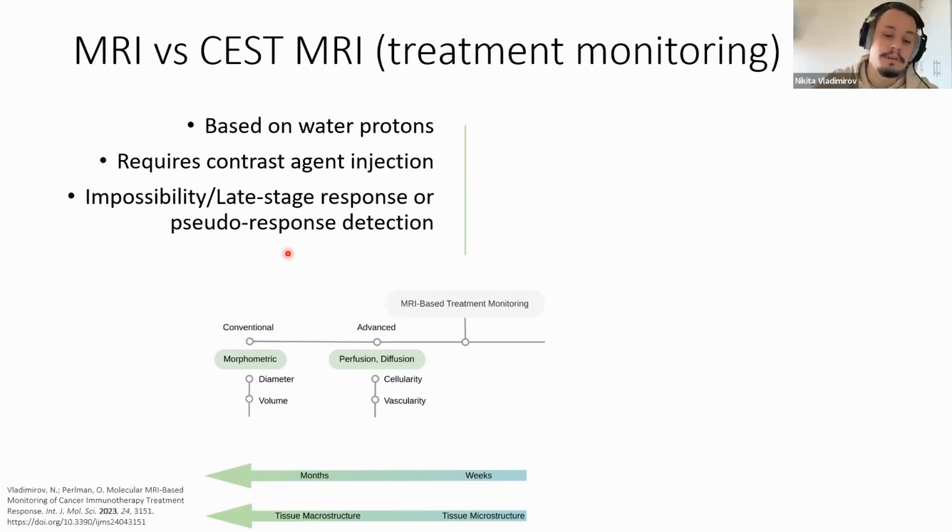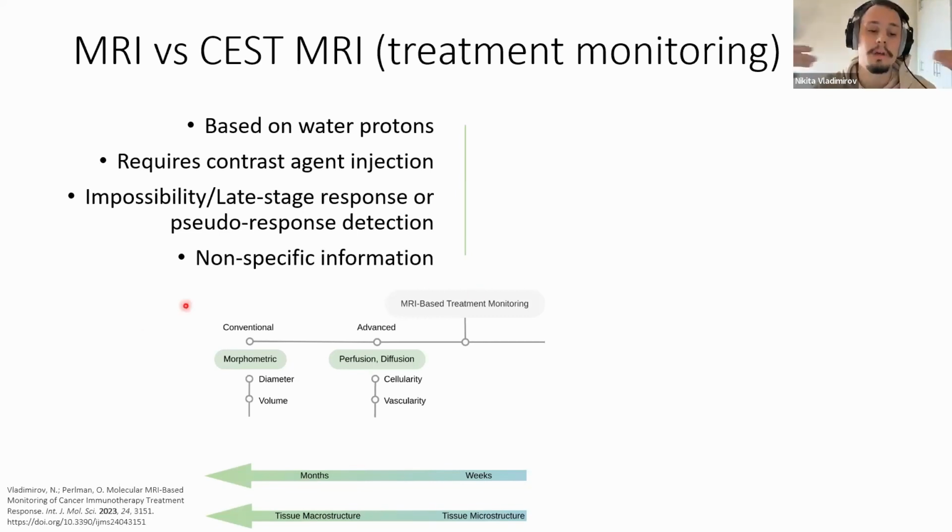You can see in the diagram here that for advanced it takes weeks and for conventional it's months, because in one case we can monitor tissue microstructure, in another case tissue macrostructure. Also, the information we get from conventional MRI is non-specific to our treatment. The changes we observe can be caused by a number of factors.